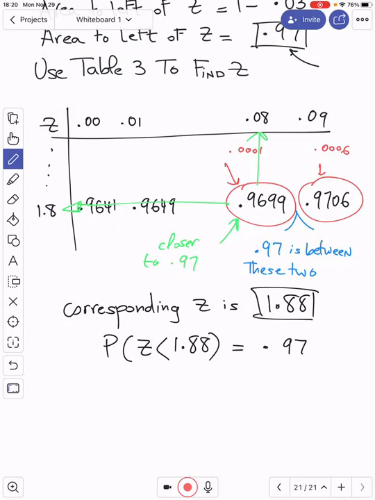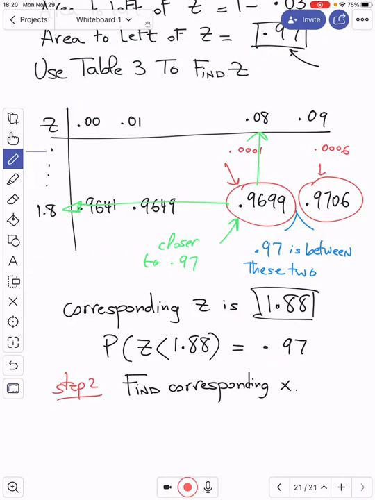Now, once you know your corresponding Z for this area, in the next step we can find the corresponding X. So step 2, we find the corresponding X. What's the relation between X and Z?